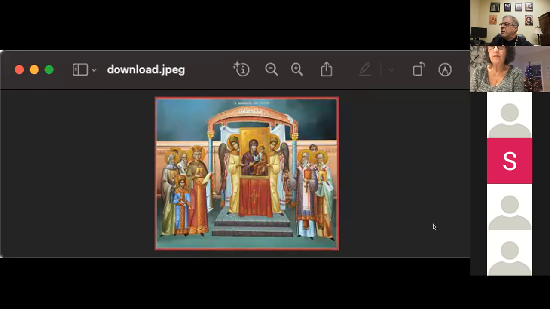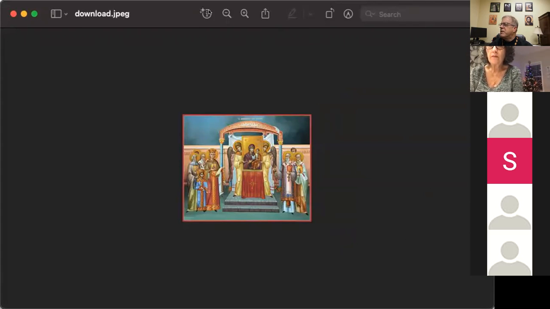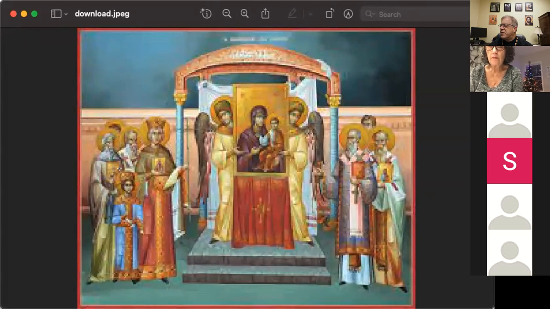A much smaller icon. It has key figures in it. This is the Empress and her son, and then we have two saints over here, and then people in the back. And like I said, you can't really see it, but for our purposes, it just shows that there are different saints that are pointed out there. They're all holding icons.